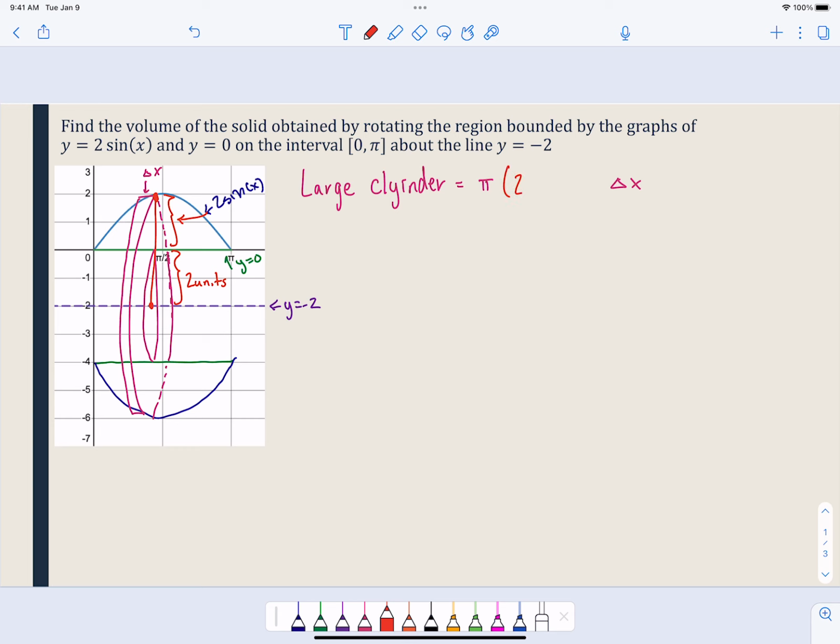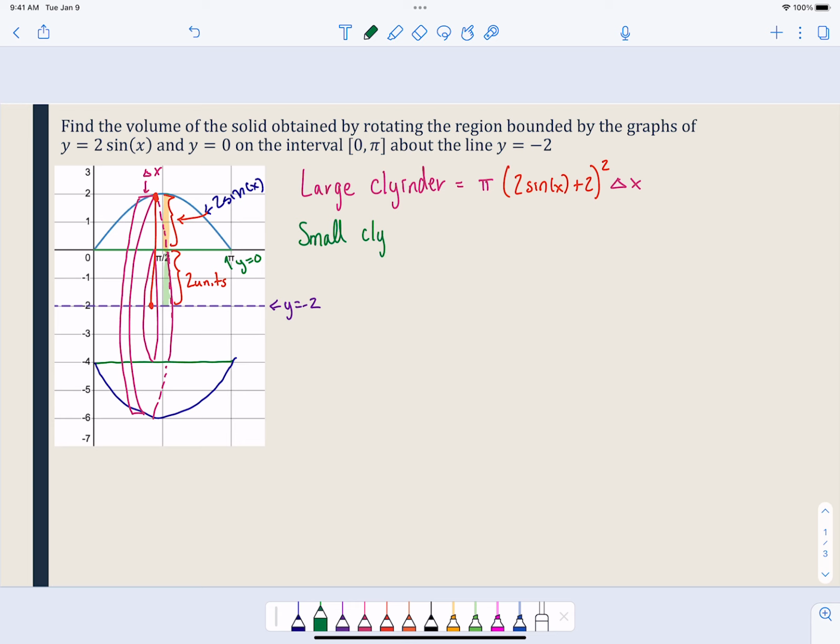So the radius is 2 sine of x plus 2 more units. Again, this amount is the height we get from our sine function, plus these 2 units added on all the way across.